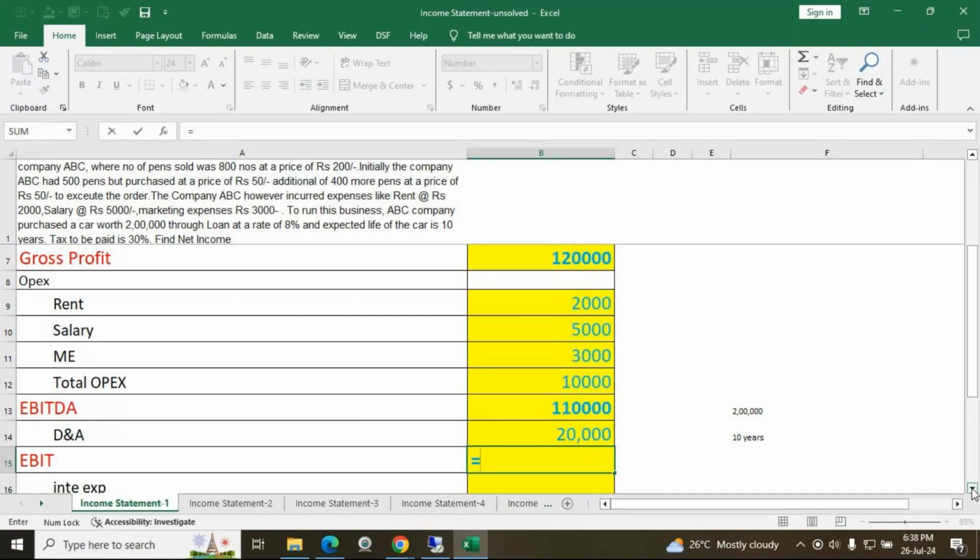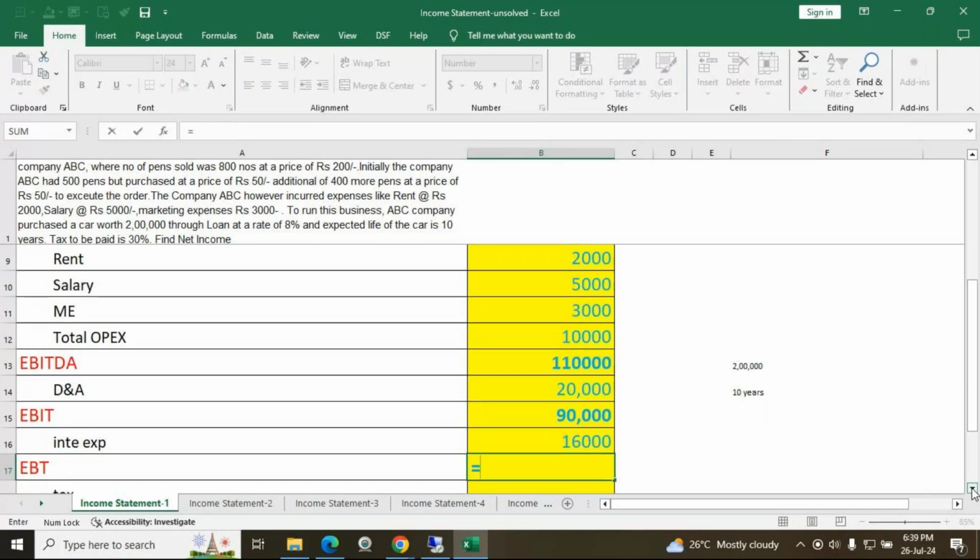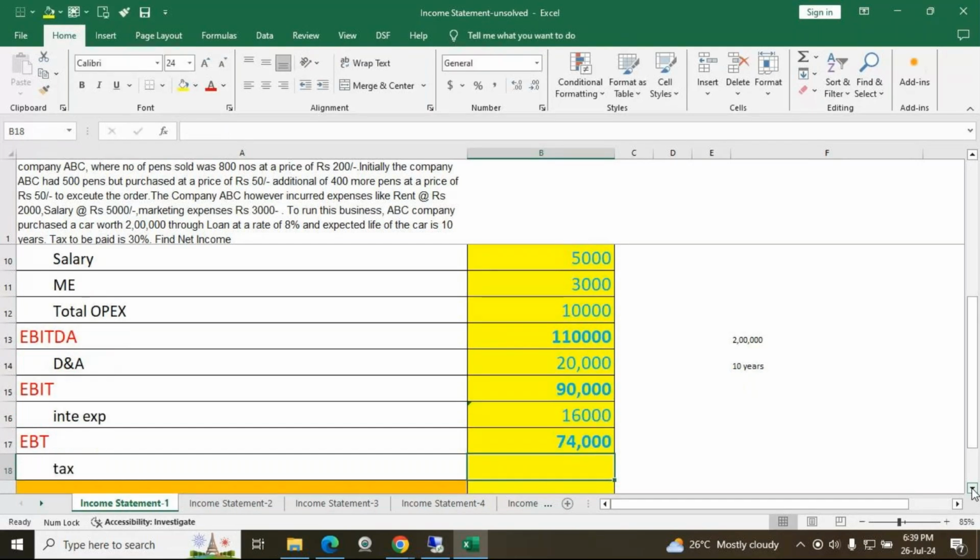1 lakh 10 minus 20. Very good. Then interest expenses, 2 lakhs into 8%. Very good. EBT is 90,000 minus 16,000. So tax will be on which amount? 74,000 into 30%.